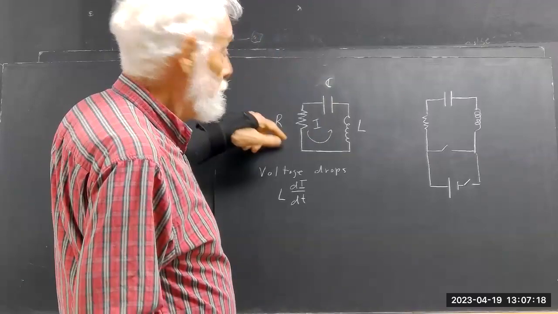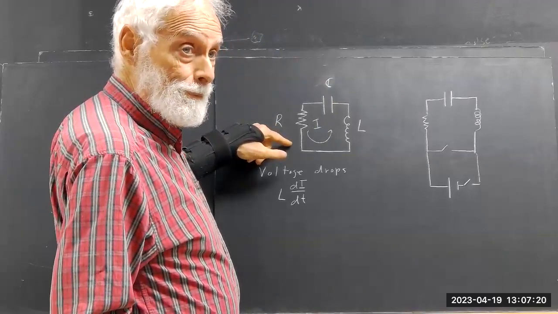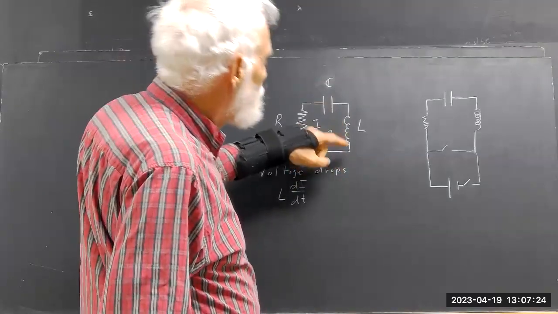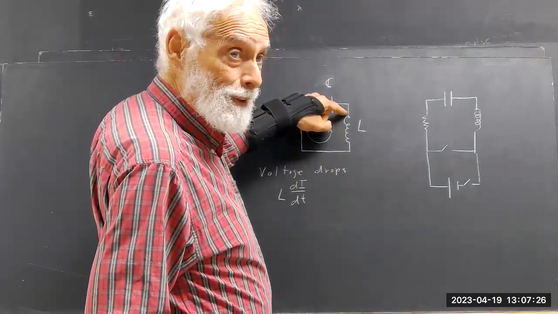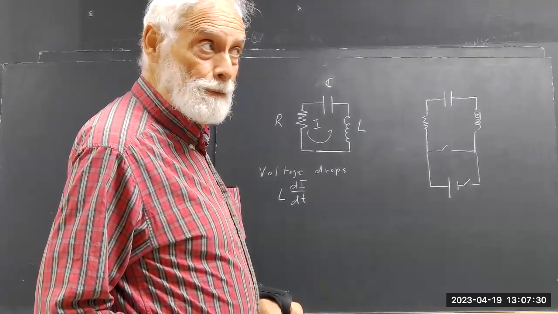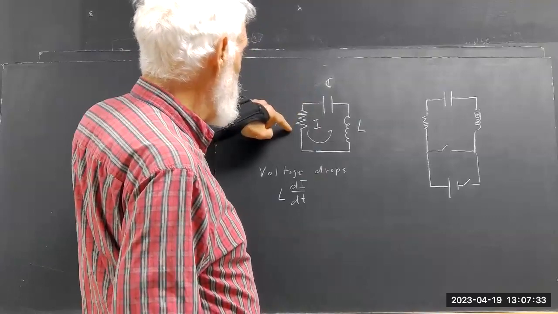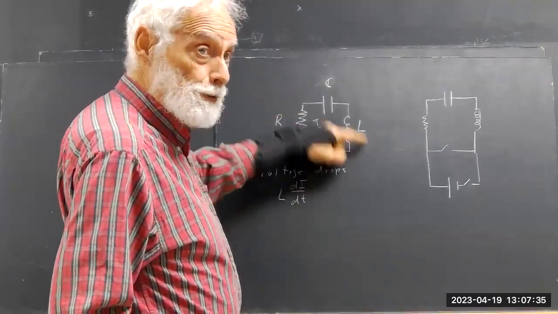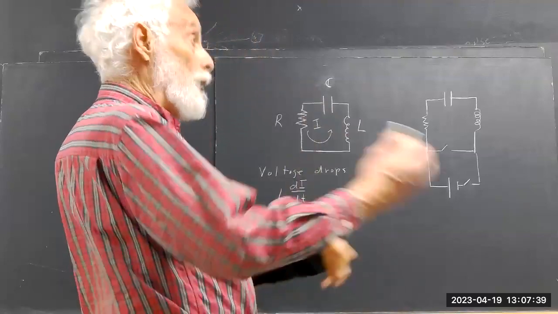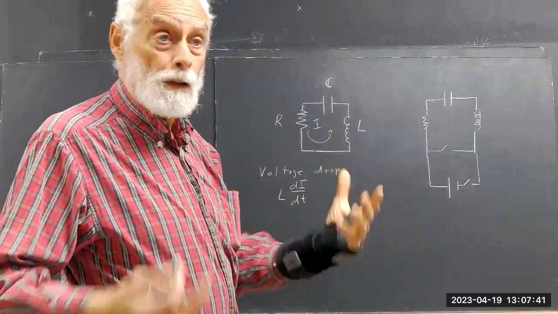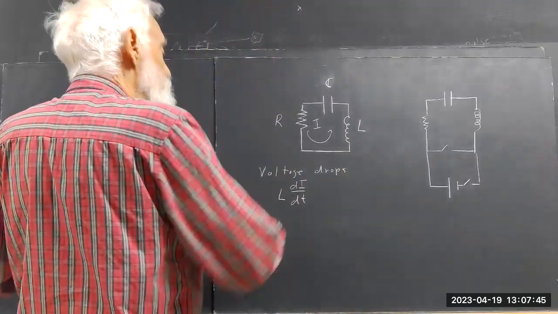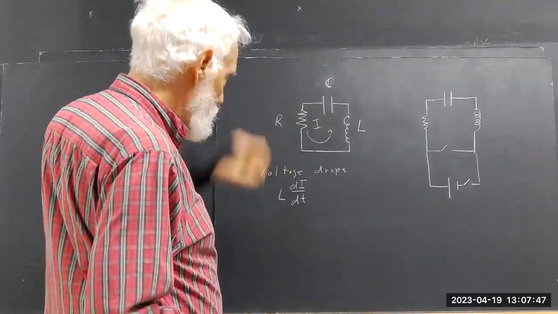Then it has to decrease across the resistor. If the current is decreasing, then you have a voltage increase across the inductor. You can have either across the capacitor. You're going to have a drop across the resistor as long as the current is in this direction. You have all kinds of combinations of what can happen. Anyhow, voltage drops in the counterclockwise direction.